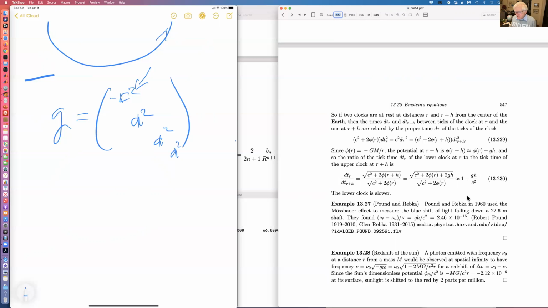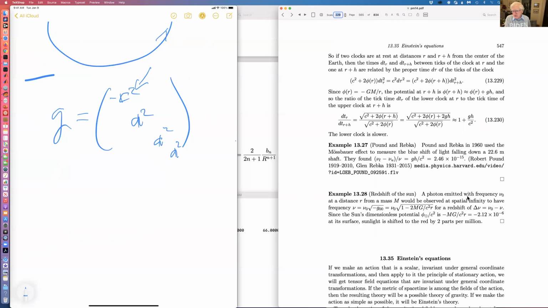And this was measured, I think the first time it was measured was 1960, by Pound, who was at Harvard, and a graduate student or a postdoc named Rebka. They measured the blue shift of light falling down a shaft of about 23 meters.